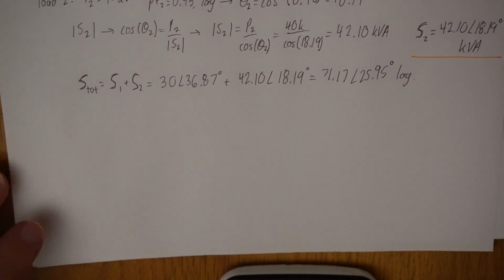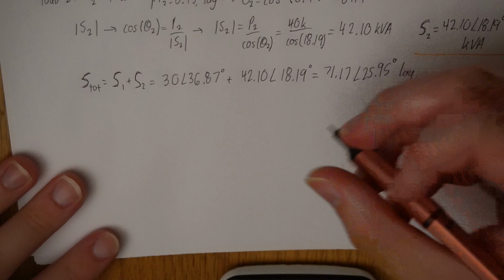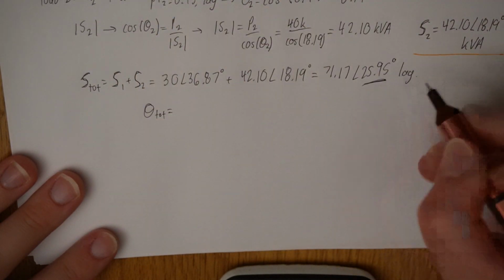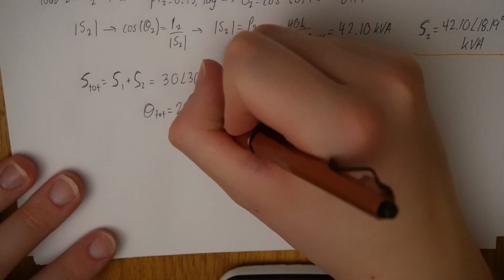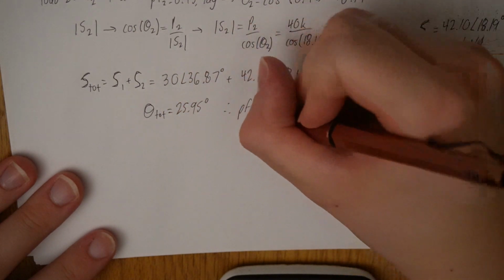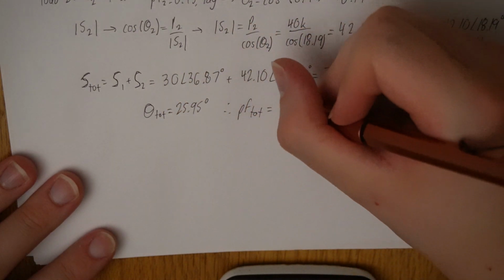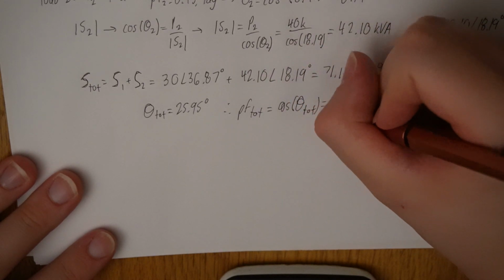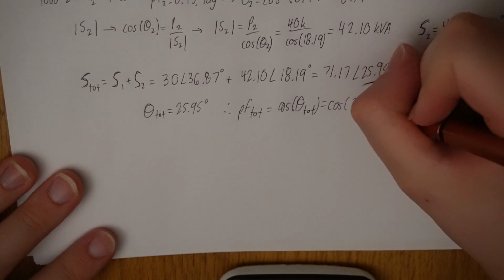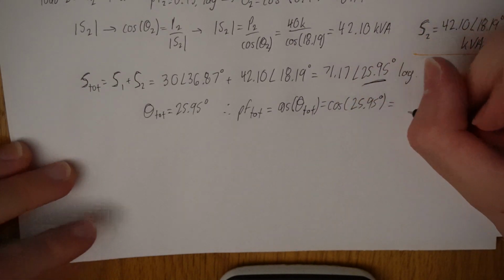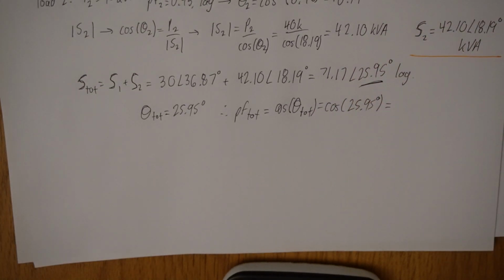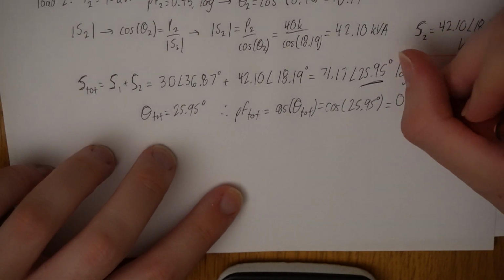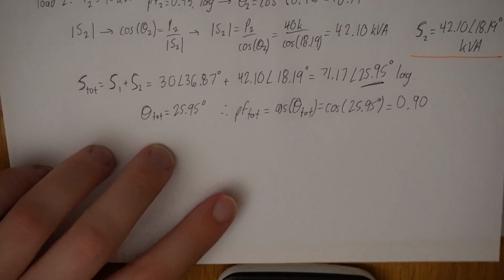So, how do I find the final power factor? Well, theta total is just this here, 25.95 degrees. Therefore, power factor total equals cos theta total equals cos 25.95 degrees, which is 0.90 when I round it.